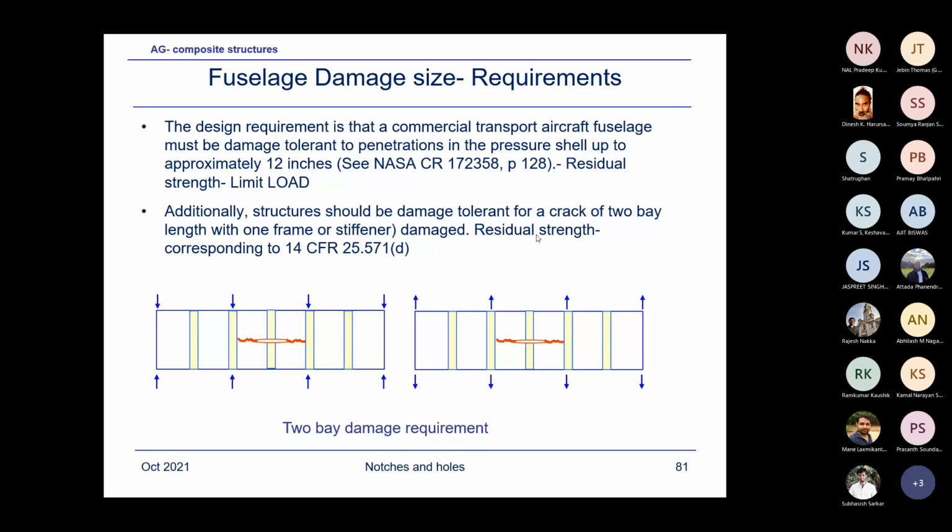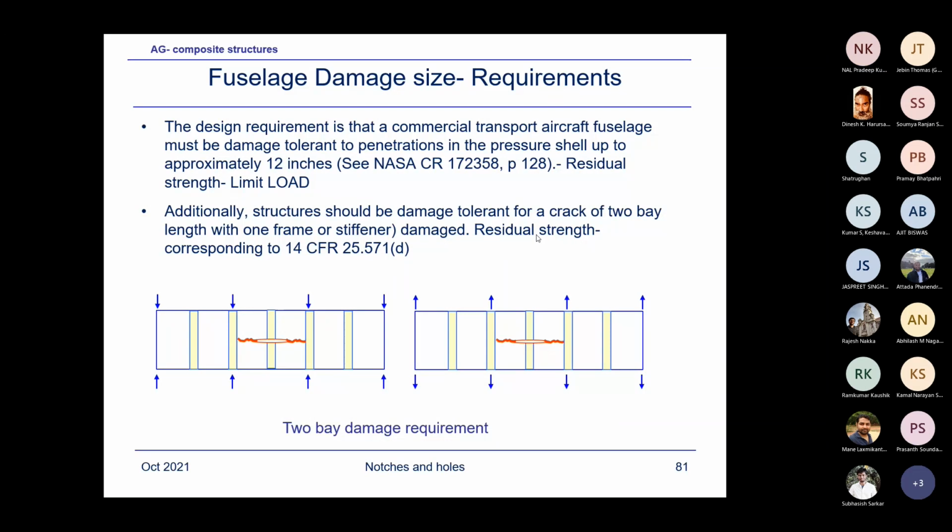Another criterion is that the structure should be damage tolerant for a crack of two bay lengths with one frame or stiffener damaged. So residual strength corresponding to 14 CFR 25.571(d), which is for the larger damages, get-home load.